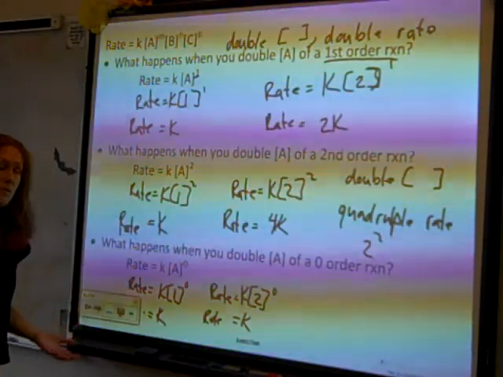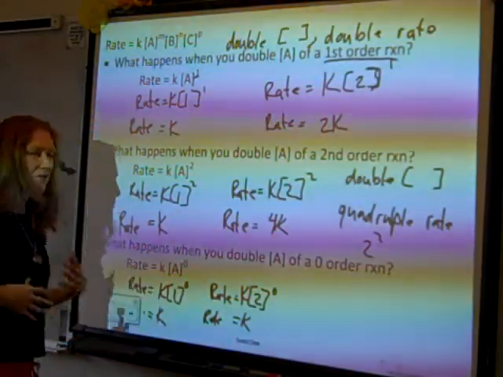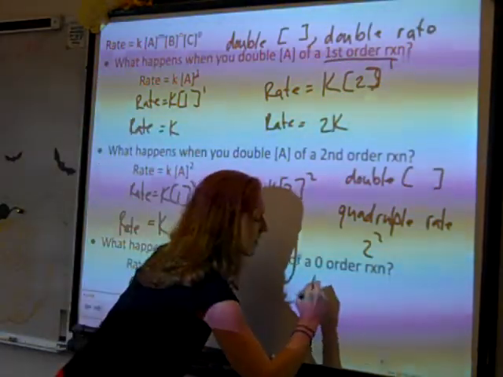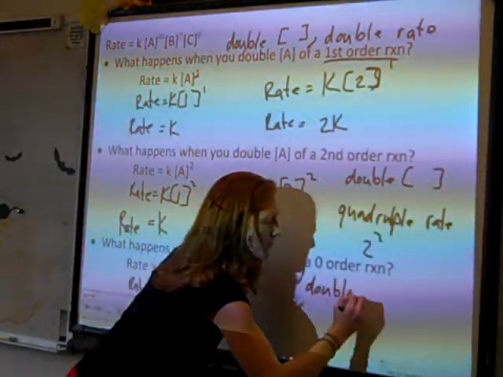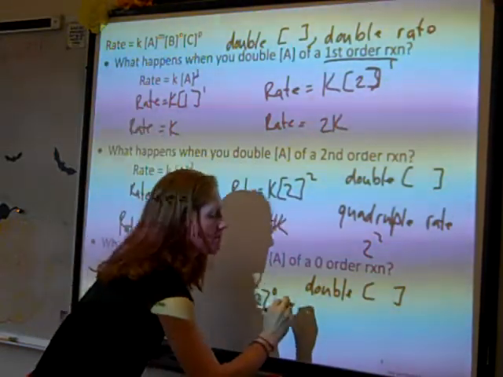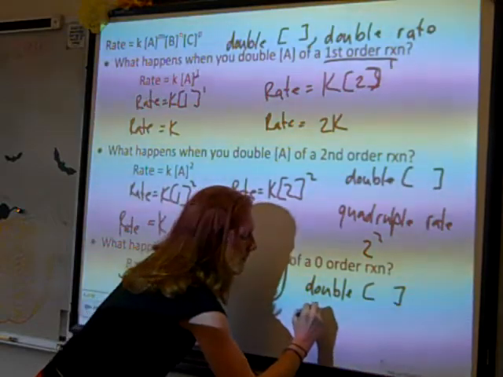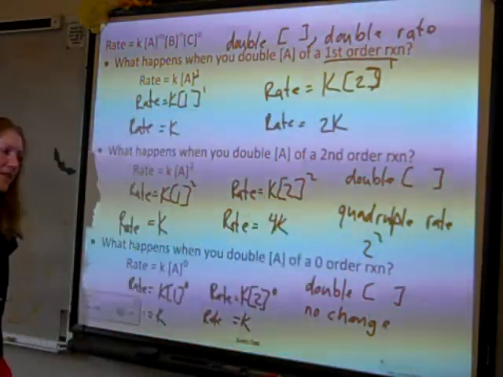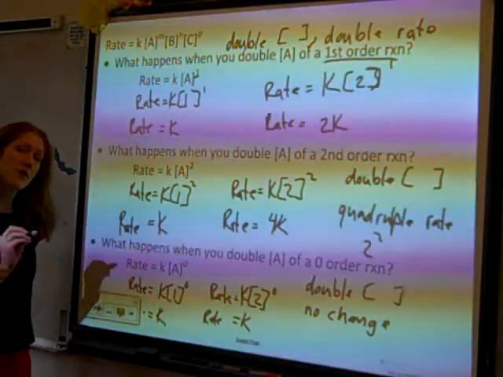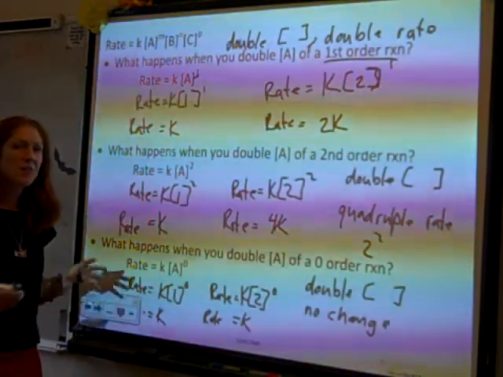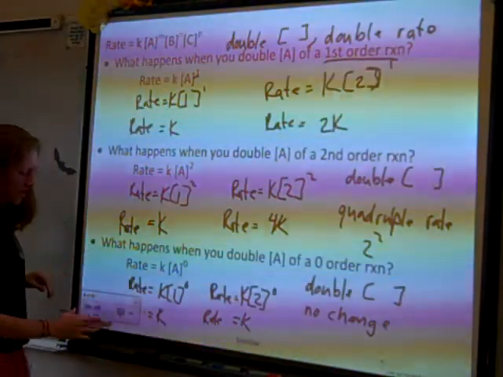And that's what happens with a zero order. It's zero order because that reactant doesn't affect the rate. So if you double the concentration of a reactant and there's no change, then you know you have a zero order reactant. What you'll see later means that that reactant is not going to show up in the slow step or before the slow step of the mechanism. So it's giving us a hint on what the steps are of that reaction.